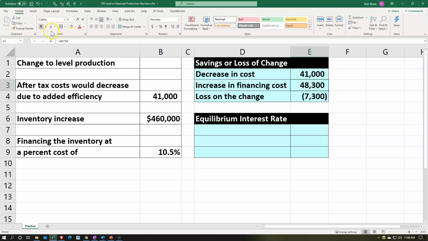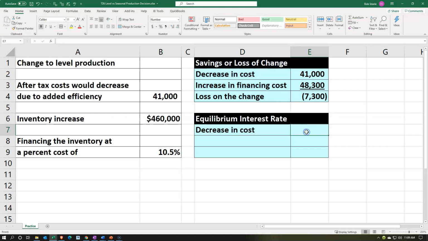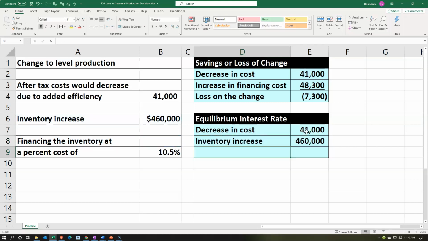If I go to the Home tab, Font group, and Underline, now we might think, how low does this rate need to be before it would be a good decision to go to the level production process? What would be the break-even point between the two? We have the decrease in the costs at the 41, and then the inventory increase of 460.